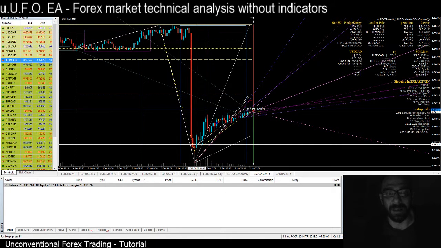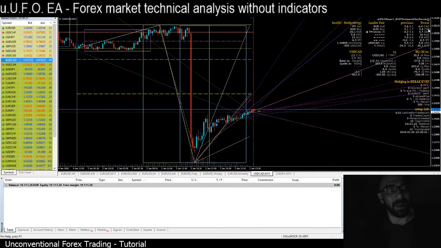And yeah, this is 43, along with some kind of confirmation. See, now in 50-minute charts we're having CAD again getting somehow strong and Japanese yen getting weak again, and US dollar quite stable.